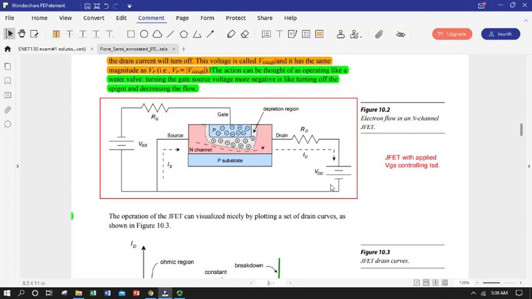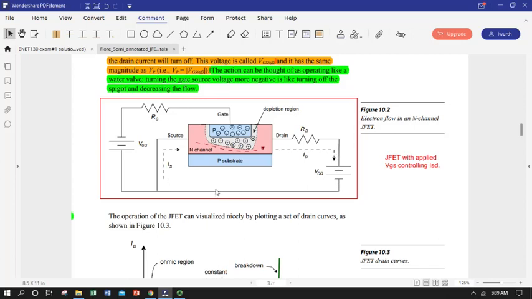As you can see down here, we're going to put two voltage sources. We're going to have one labeled VGG, which is basically ground or common to gate, and then we're going to have one that is biasing the drain versus a common.